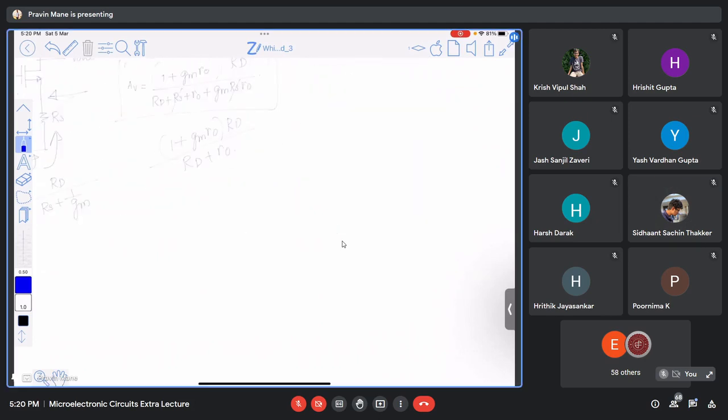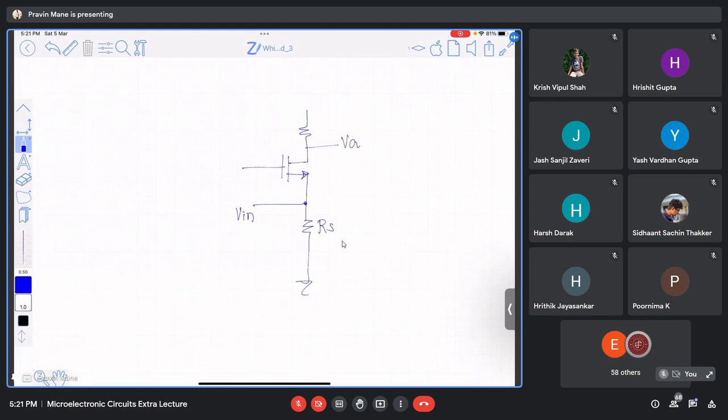Somebody was asking a question. The configuration was, it is a really interesting problem and you should understand. Suppose I have something like this. Suppose RS and V in is applied here, and output is taken from this point. VDD, RD, RS. Input is applied, this is VB.